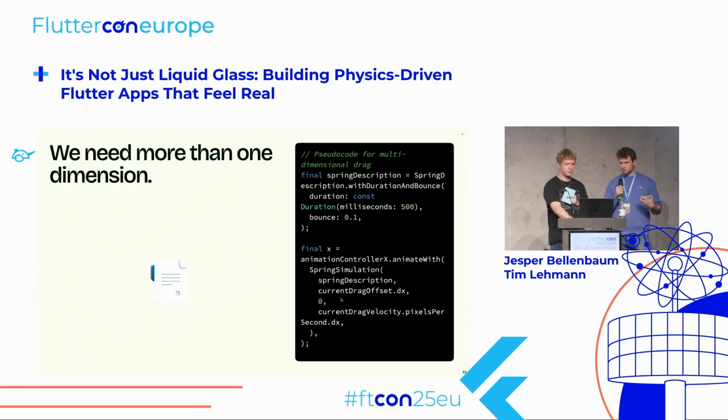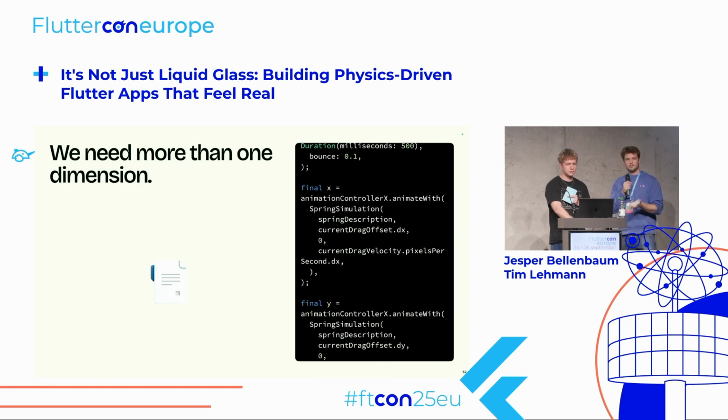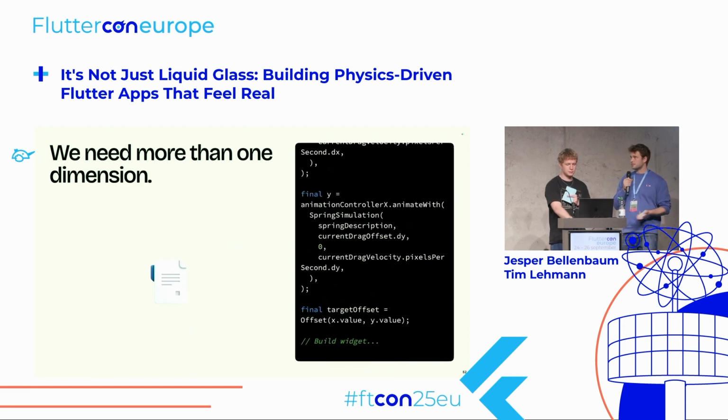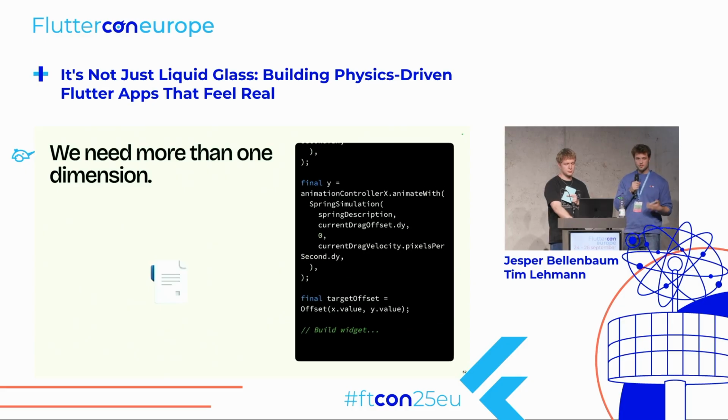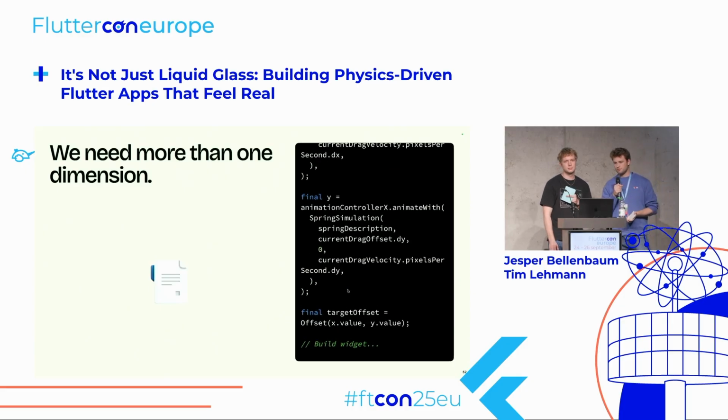We just need to use two animation controllers, one for each dimension of the movement. And for a 2D drag interaction, that actually still works kind of well, right? It's not too much hassle. But if you think about more complex animations, the next one could be, for example, paddings. And then you already have 4 values. So we already get the feeling the whole thing is not really scaling well.